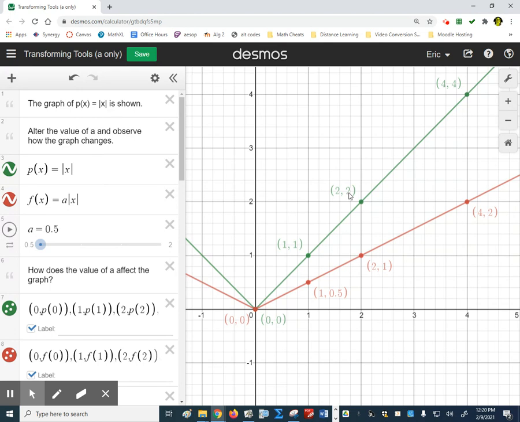But now we're going to multiply that y coordinate by 0.5. 2 times 0.5 is 1. So it made each of these points on the absolute value function only half as high. Squashed it down. It compressed the function by a factor of 2, or a factor of 1/2, right? Multiplied everything by 1/2. Okay.